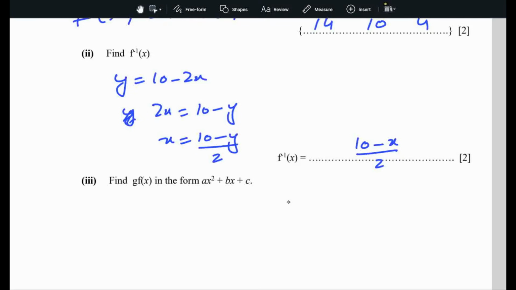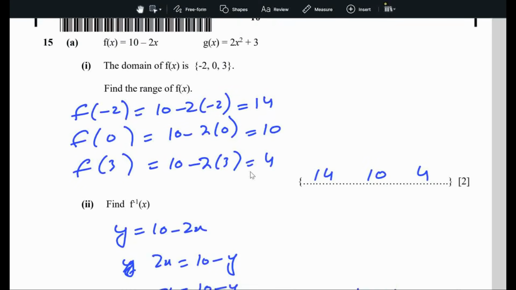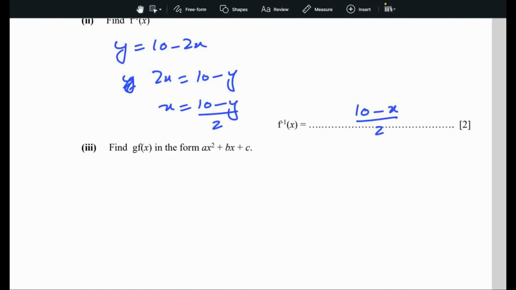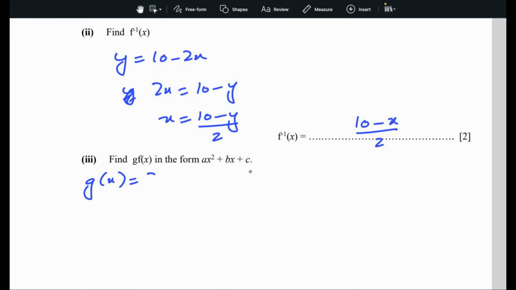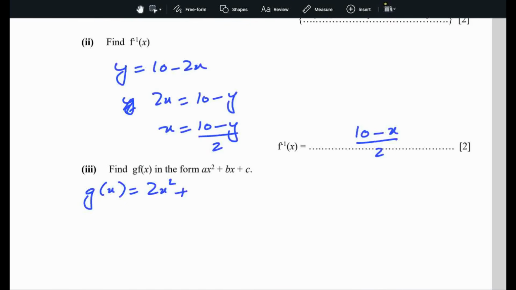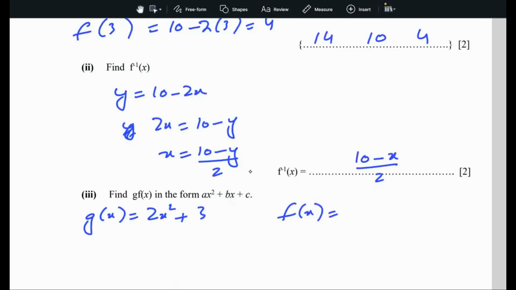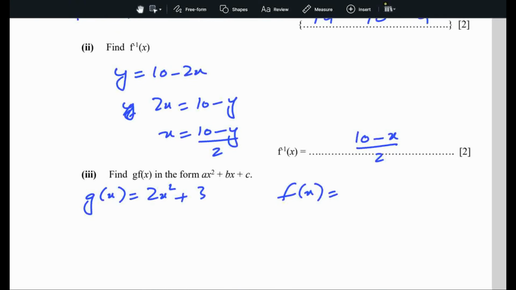Let's move to the last part, third part, g f of x. So we know that g of x is equals to, this one is composite function, 2x square plus 3. And f of x is equals to 10 minus 2x.